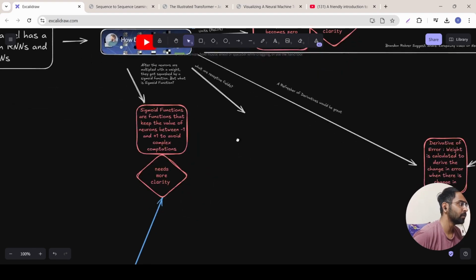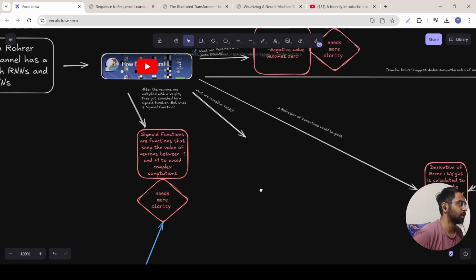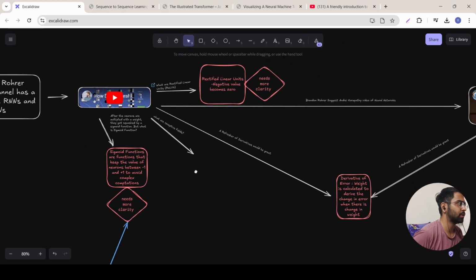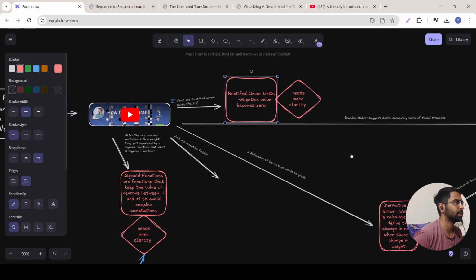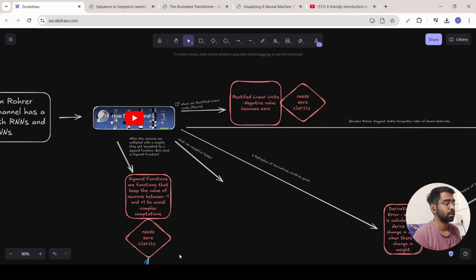You might be seeing these red highlighted boxes. These are the concepts that neural networks have: sigmoid functions, rectified linear units, derivatives of error, these sort of terms, which I don't know.